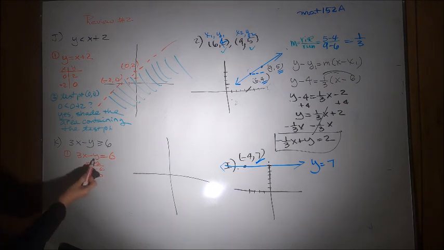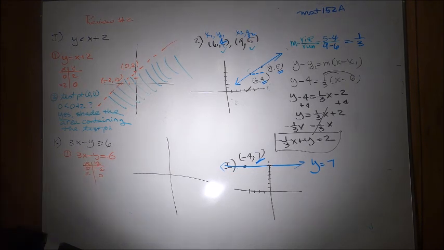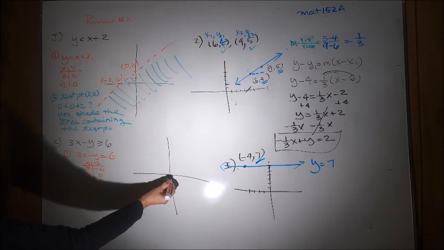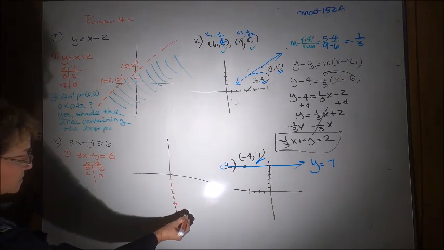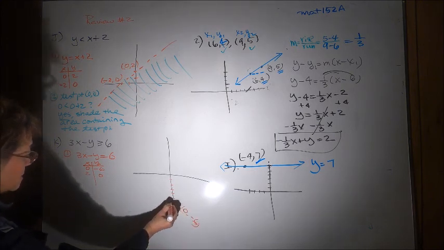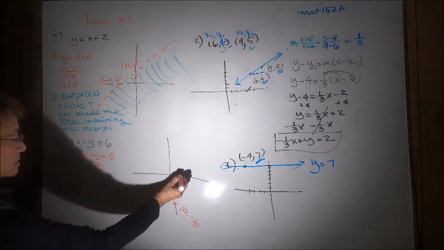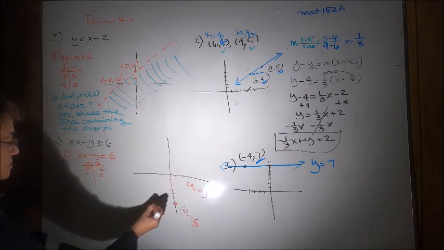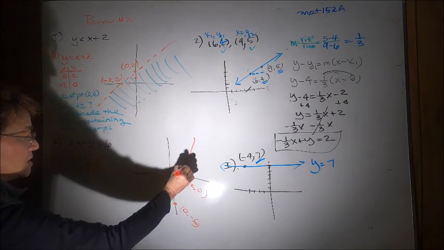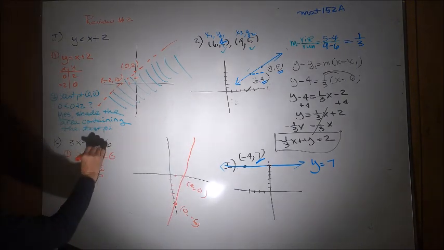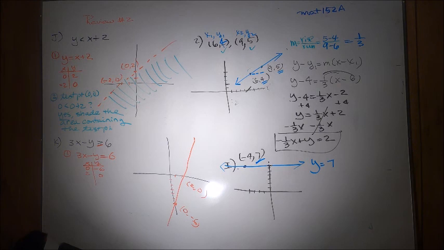Then if you plug in y is 0, 3x is 6, x would be 2. So you have 0, negative 6, right? Another one is 2, 0, right? So should we use a solid line or a dashed line? Solid line, because you have equal here.